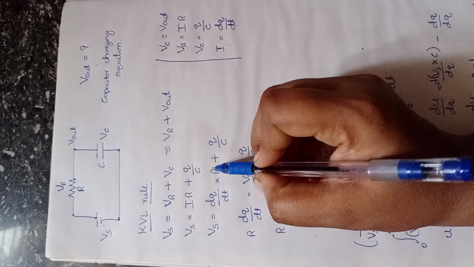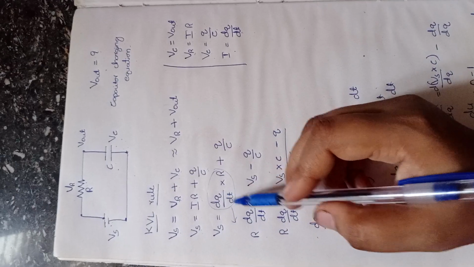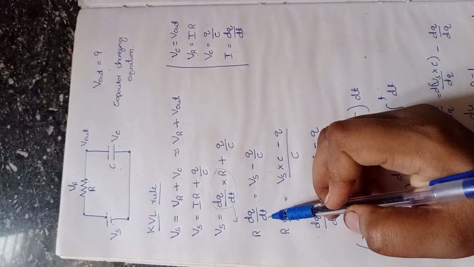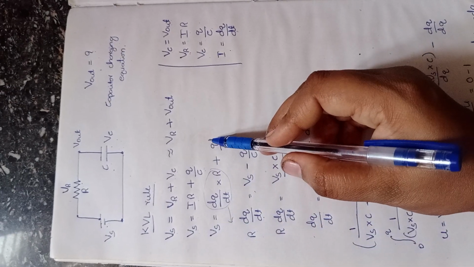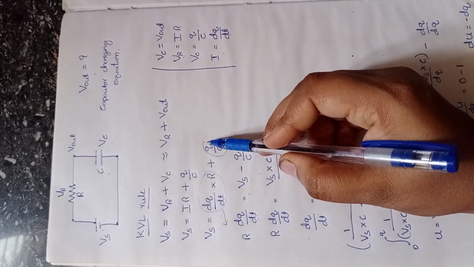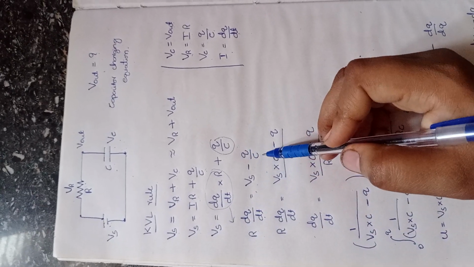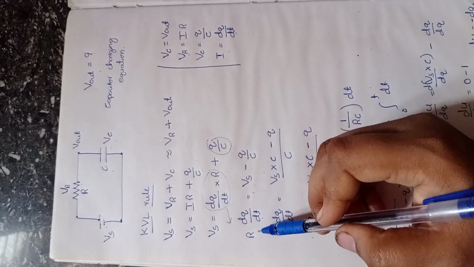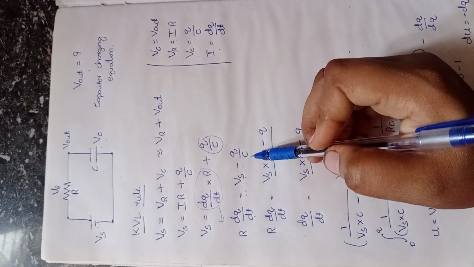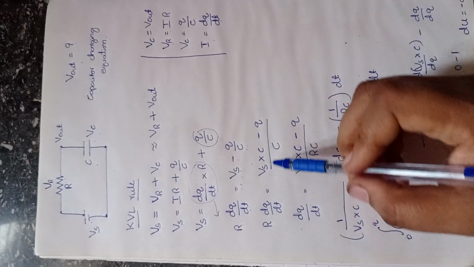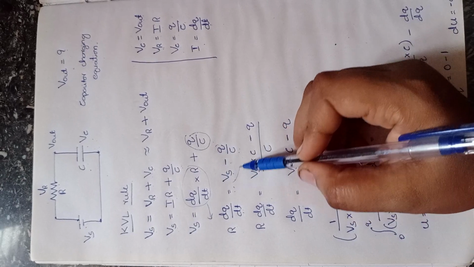So I am rewriting this equation. I am taking this whole thing to the left side. So R dq by dt is equal to Vs, and taking this Q by C to the other side, Vs minus Q by C. So finally we get R dq by dt is equal to Vs minus Q by C. After that, in the next step, I am taking the LCM for this equation.